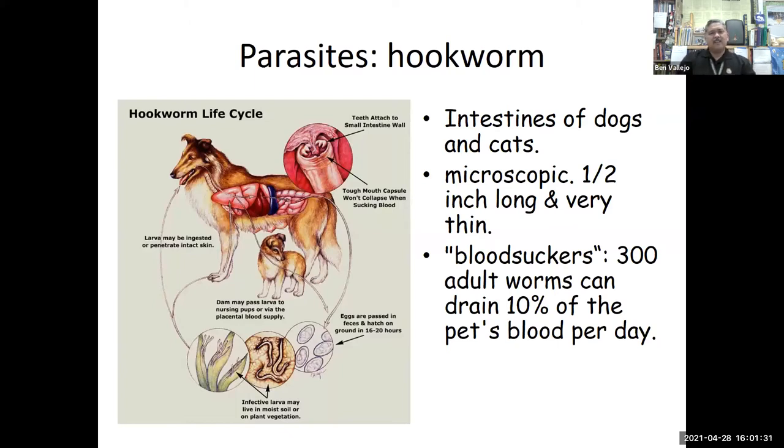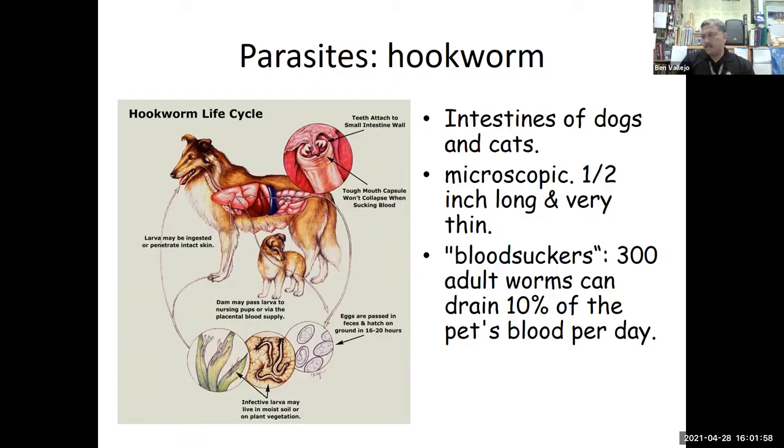All right, so here is a hookworm in a dog as an endoparasite, found inside the intestines of dogs and cats. Again, very small, in fact, microscopic. And these are bloodsuckers. An interesting fact here: 300 adult worms can drain 10% of the pet's blood per day.